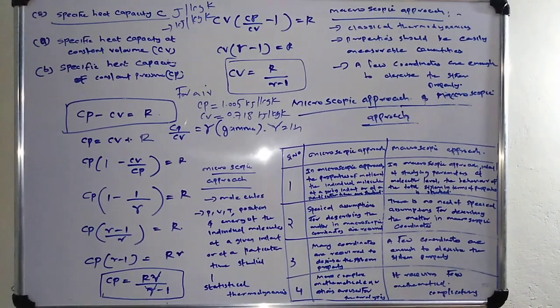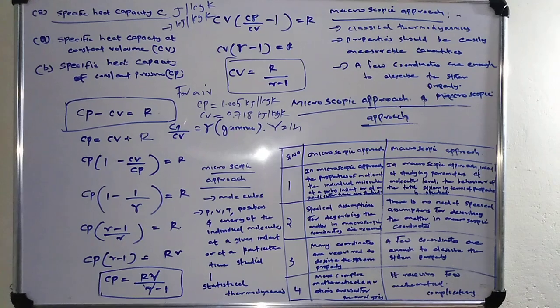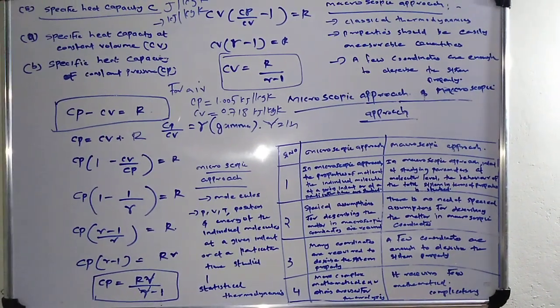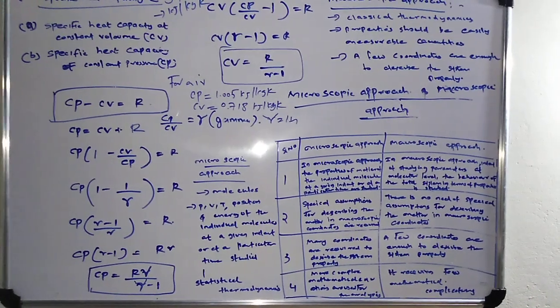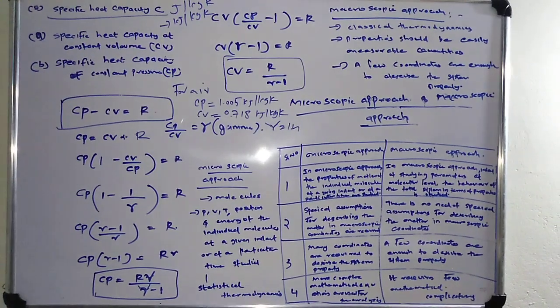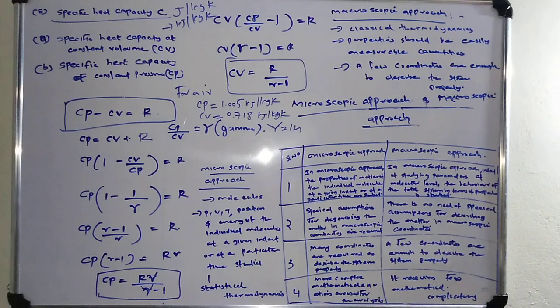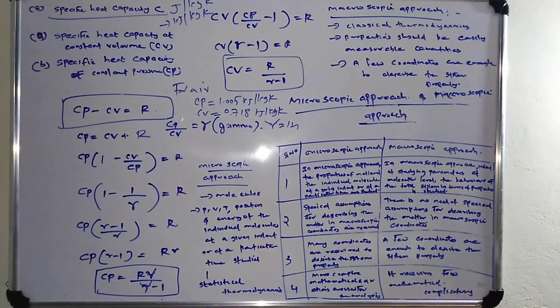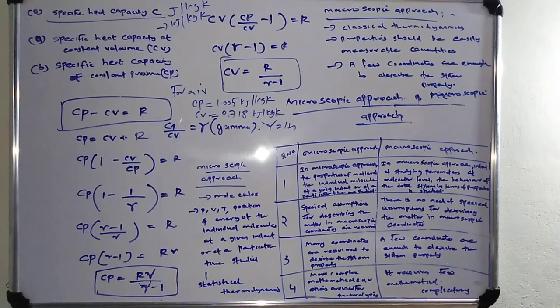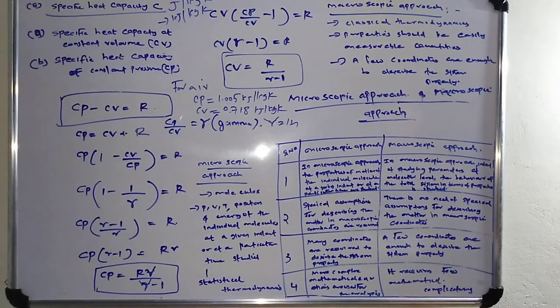It is denoted by the letter Cv. Next topic is specific heat capacity at constant pressure, Cp. It is defined as the quantity of heat required to raise or lower the temperature of unit mass of the substance through 1 degree when the pressure is kept constant.